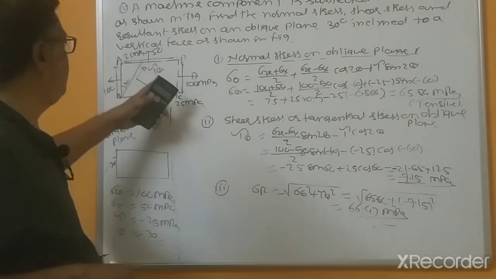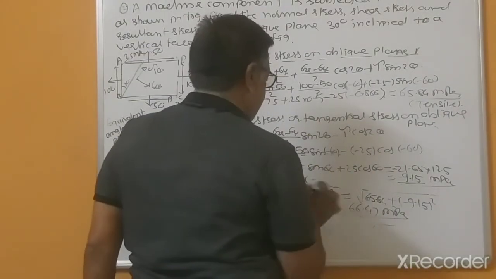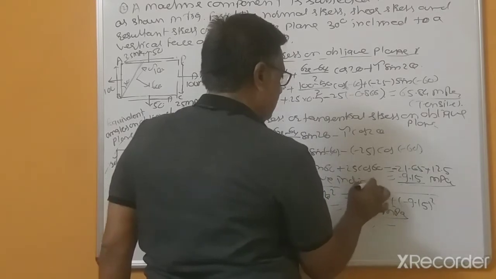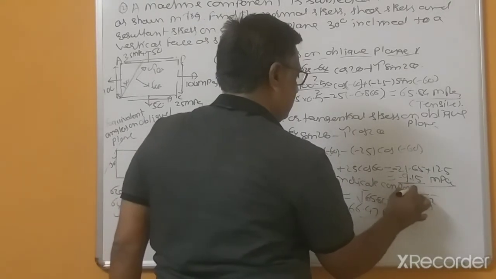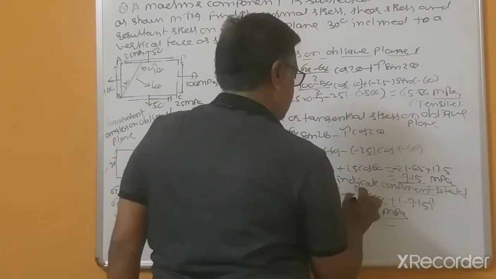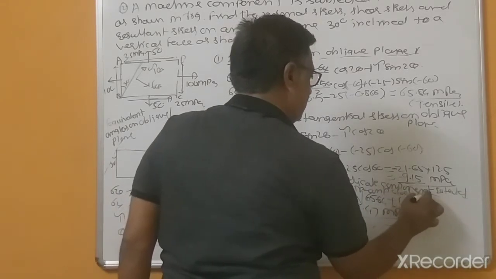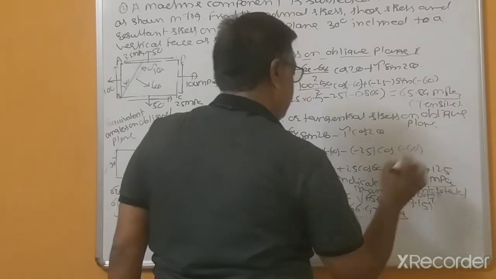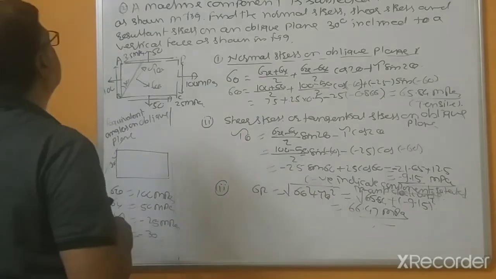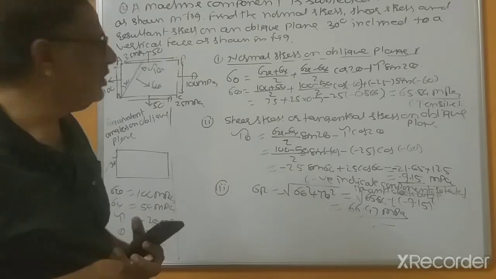So the sign changes for tau theta, this is negative sign, which indicates the component rotates anti-clockwise. In the previous case, it rotated clockwise. So I think this is the third problem, the one we discussed.